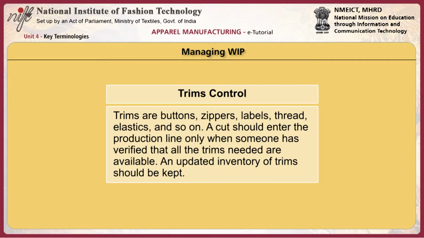A cut should enter the production line only when someone has verified that all the trims needed are available. An updated inventory of trims should be kept. A missing label could halt 12,000 units which are already cut. Holding the 12,000 units in inventory is not acceptable and could lead to another problem.